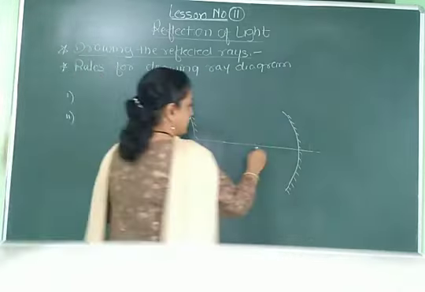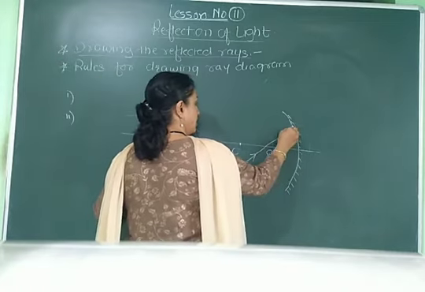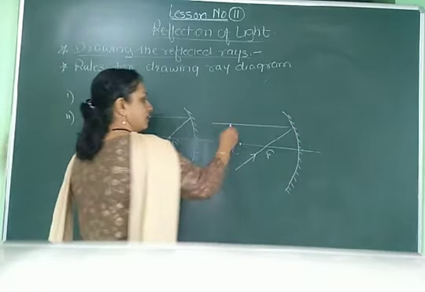Suppose this is the principal focus and this is the center of curvature. If the incident ray passes through the principal focus like this, so this is the incident ray, then after reflection, the reflected ray will be parallel to the principal axis. It means the vice versa of this.